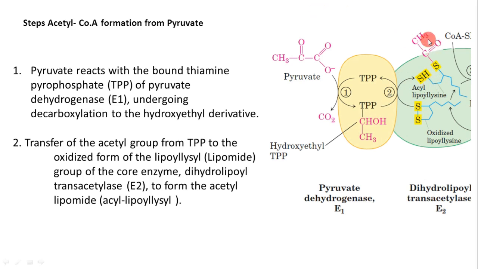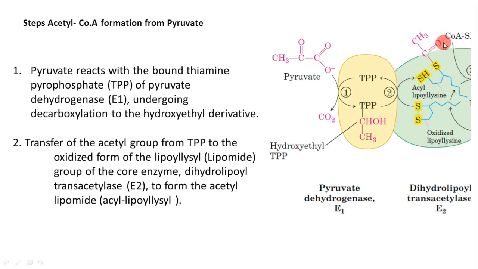And the acetyl group, that is the CH3CO group, forms a bond with the sulfur atom in the disulfide bond of the lipomide, and thereby the disulfide bond will be broken, and it then forms a bond with the CO group of the CH3CO group, and the other sulfur atom is protonated to form an SH group.